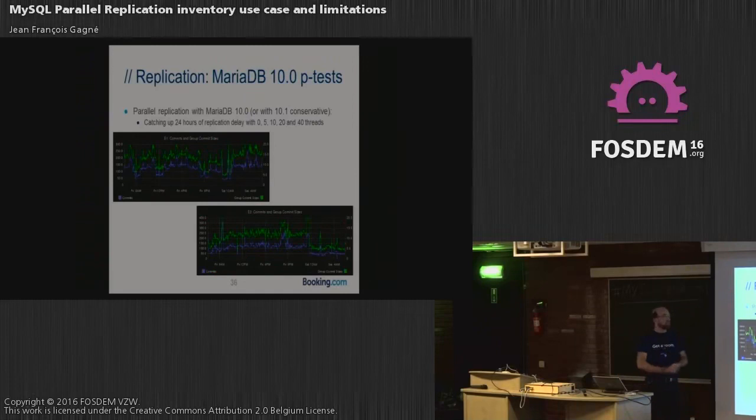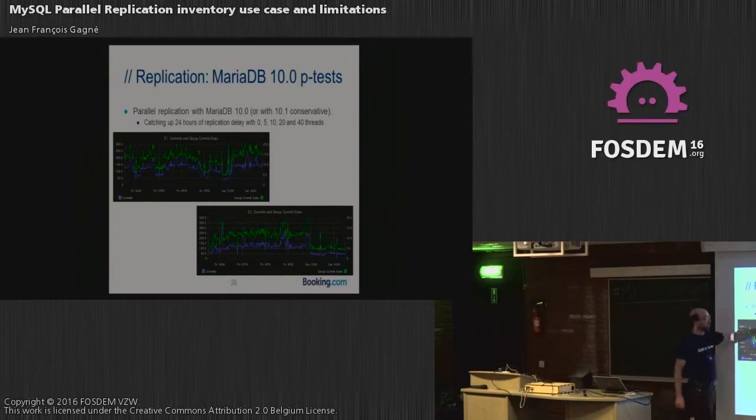So MariaDB 10.0, my 4 environments. What I do is I'm catching up 24 hours of transactions. So E1 here, in blue, the number of commits per second on that scale, about 100, 150. And the size of my group on that scale here varies between 15, sometimes 5, but on average about 10.